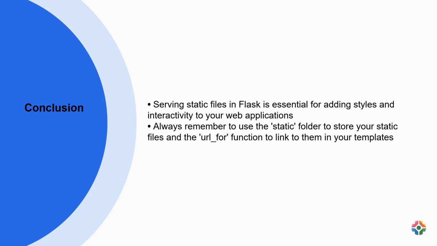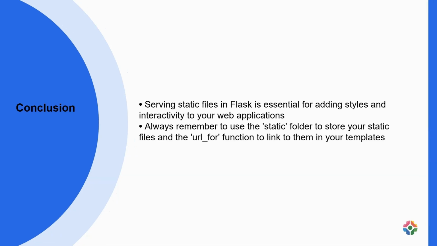For example, imagine a scenario in which you have a CSS file named styles.css stored in the static css directory. You can then link to this CSS file within your HTML template by using url_for static, filename equals css/styles.css. By following this practice, you ensure efficient management and serving of static content in your Flask application.